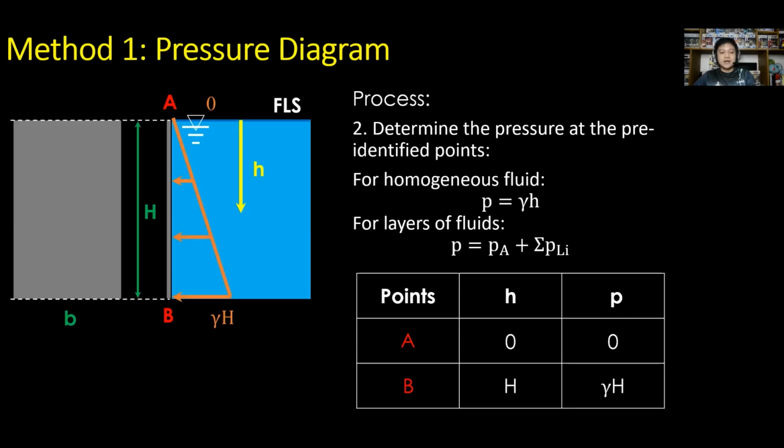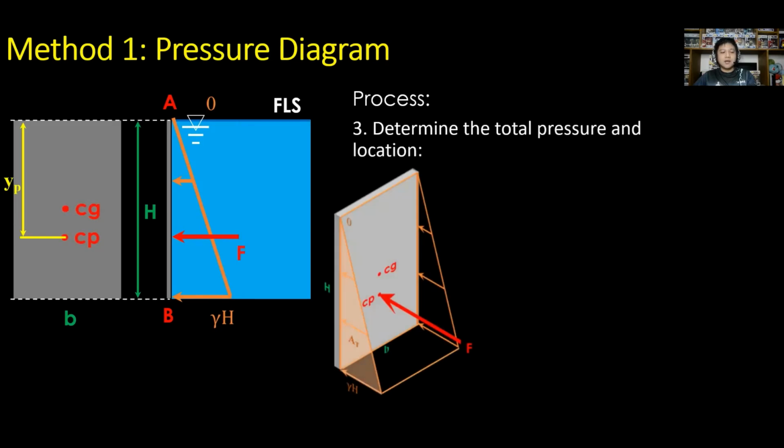Using this diagram, we can already estimate the value of the total force or the total pressure F, where F is equal to the volume of the pressure diagram, which is equal to the area of the pressure diagram, that is A sub T, multiplied to the sample width or the sample length.